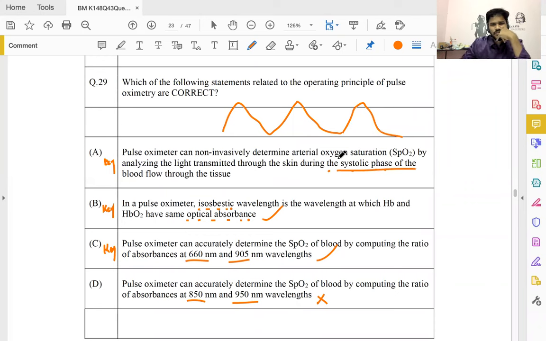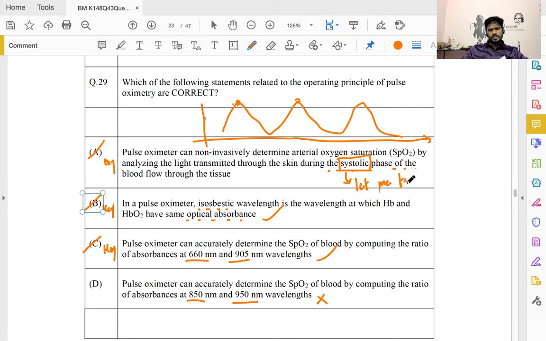So I am getting picky here. Systolic is a problematic term there. The signal actually will look something like that. It will have a DC component and an oscillating component. Perhaps you'll be focusing on the systolic phase, but the signal you are getting is this. Let me take a second look.